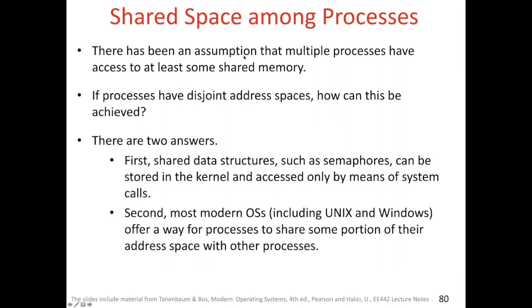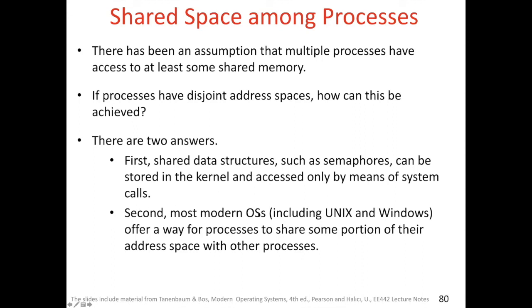There has been an assumption that multiple processes have access to at least some shared memory. If processes have disjoint address spaces, how can this be achieved? There are two answers. First, shared data structures, such as semaphores, can be stored in the kernel and accessed only by means of system calls.